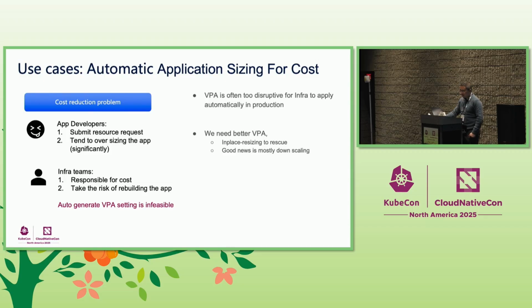So the infra team often refuses to auto-generate vertical pod autoscaling, especially in the production environment. Here we can resolve this with in-place pod resizing. And the good news is that in most cases, because developers have overestimated their resource requirements, the only resizing operation needed is to scale the resource down.